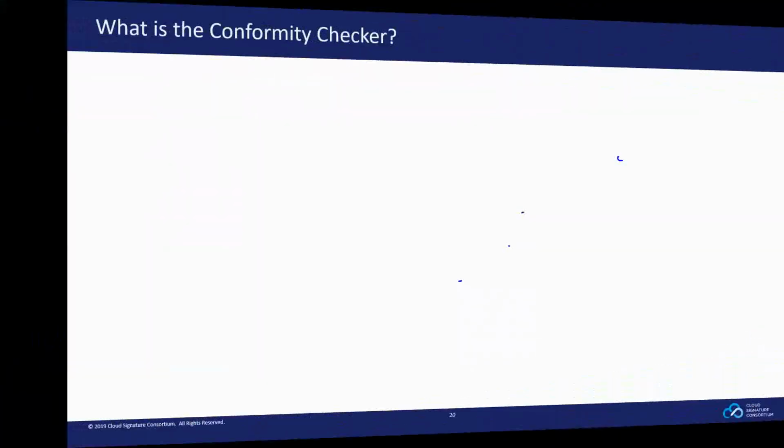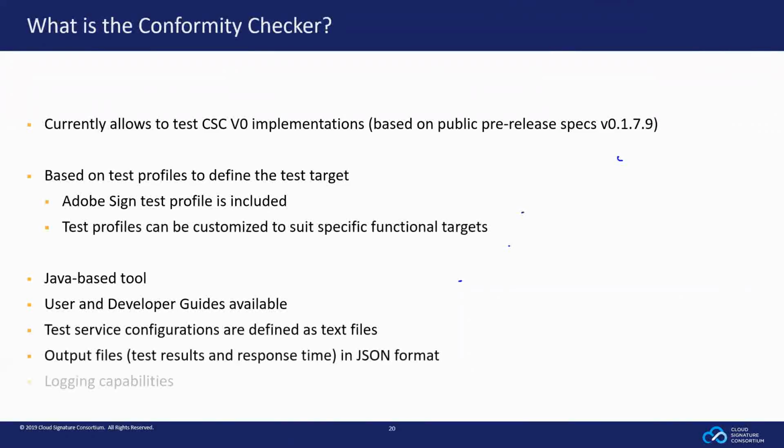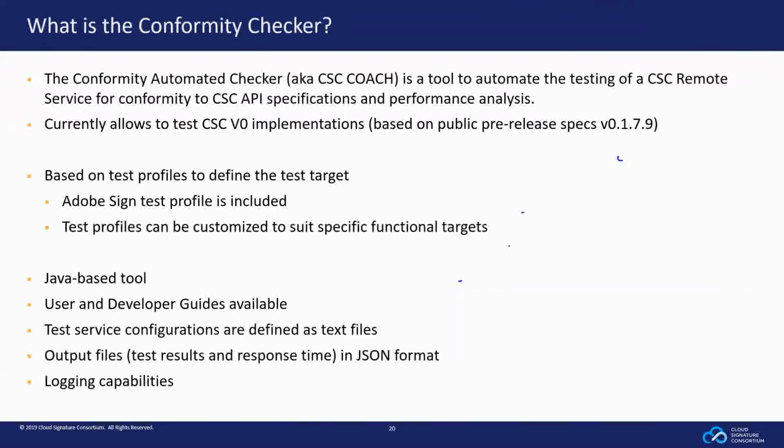So the conformity checker is essentially a tool that allows you to automate the testing of a remote service for conformity to the CSC API specification and for performance analysis.